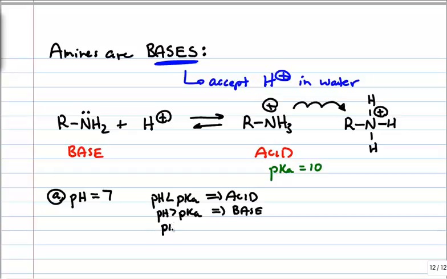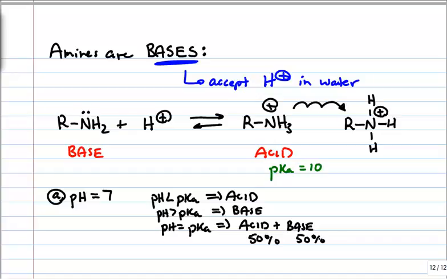If pH of the solution is exactly equal to the pKa of the molecule, then you have an equal contribution of acid plus base. So this would be 50%, and this would be 50%.